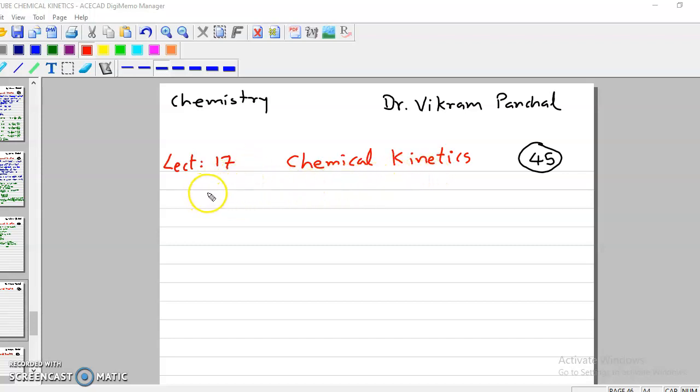Okay, I'm discussing numericals of second order. So one more numerical: prove that the following reaction is of second order.